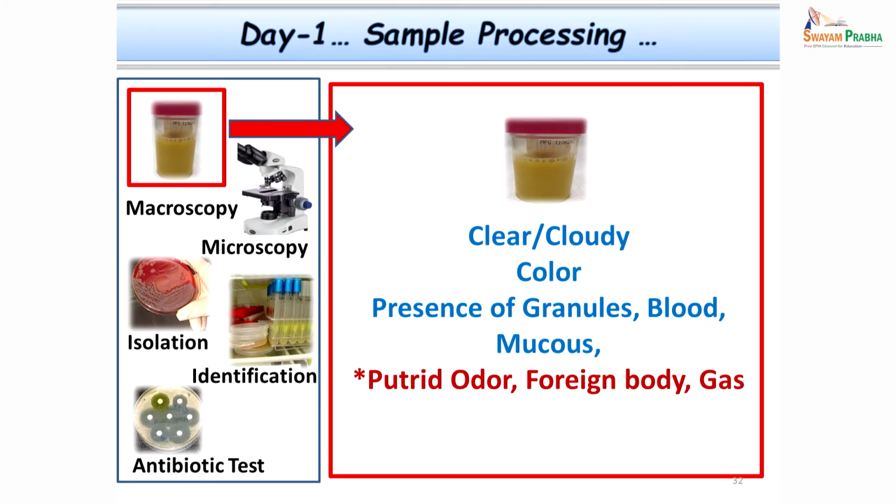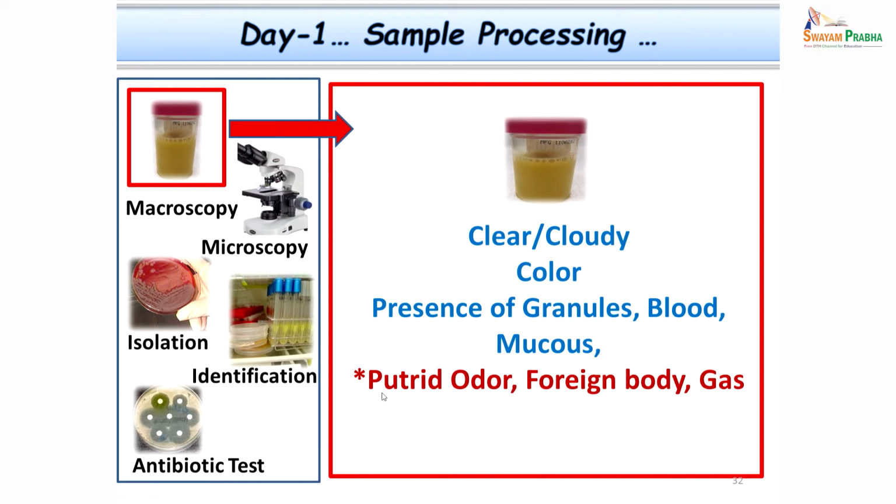Now, once we receive the sample in the laboratory, we need to process it very promptly. The first step in the examination is the gross examination. We need to examine the specimen for color, clarity, and presence of any granules, which sometimes suggest infections with actinomycetes. There can be blood, or serosanguinous discharge, especially with streptococcal infection, or it could be a mucoid sample.